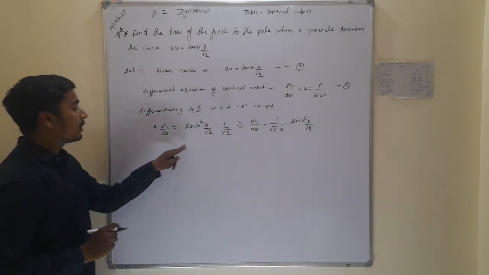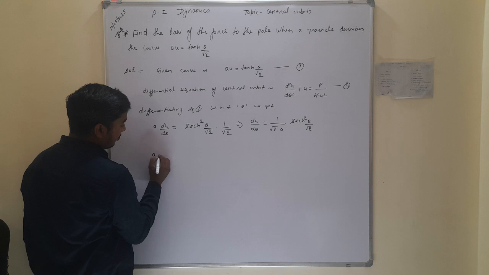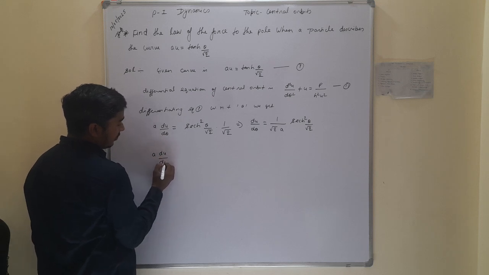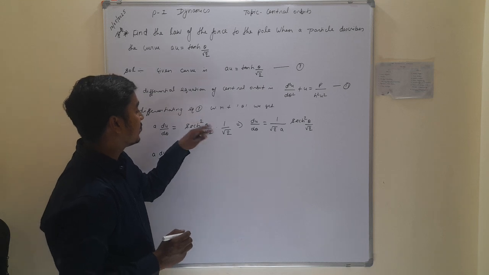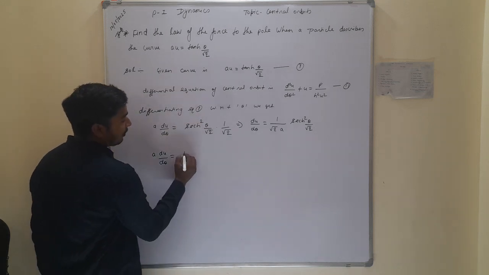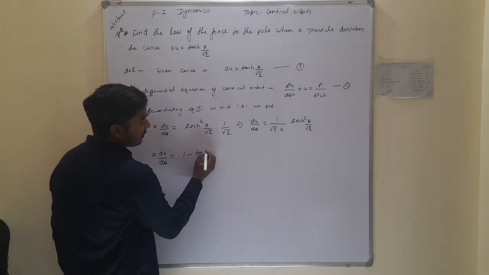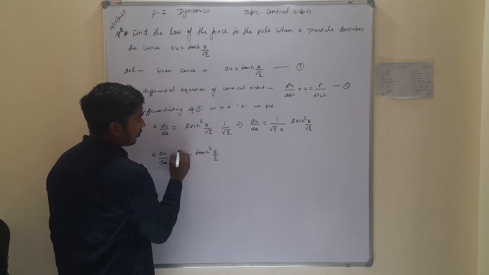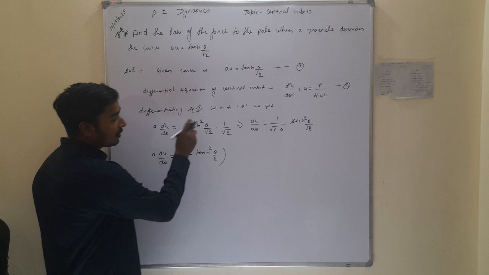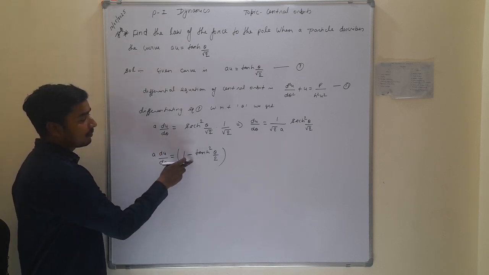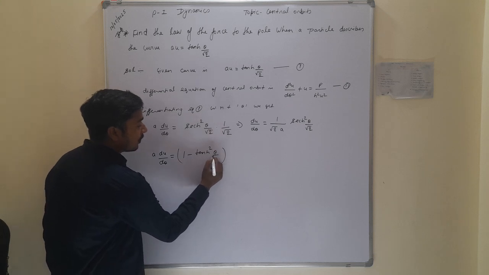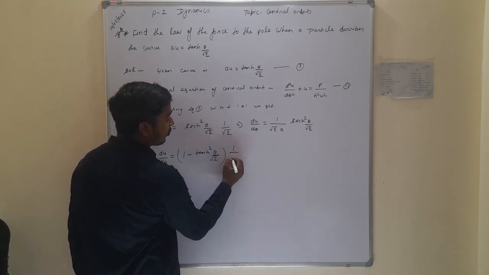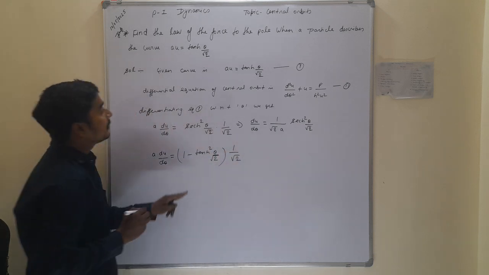And from here, a du/dθ = (1/√2) sech²(θ/√2), where sech²θ is written as 1 minus tanh²(θ/√2).